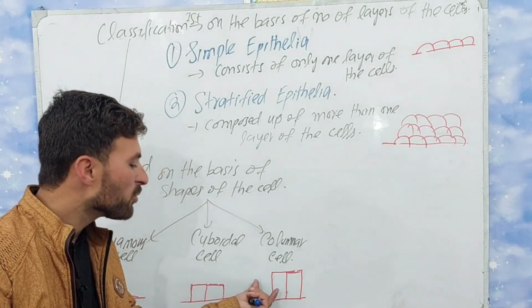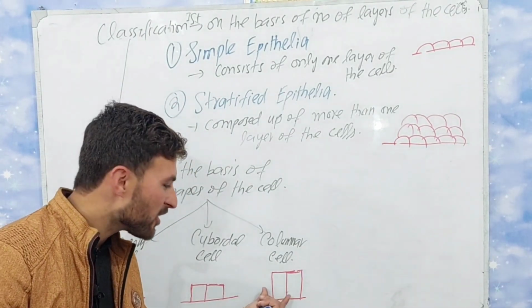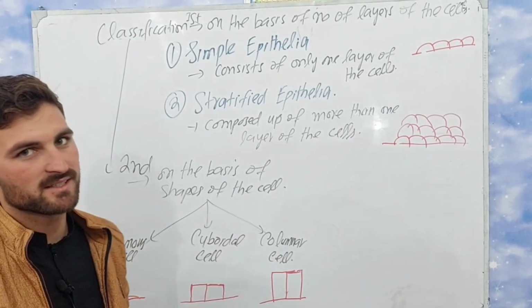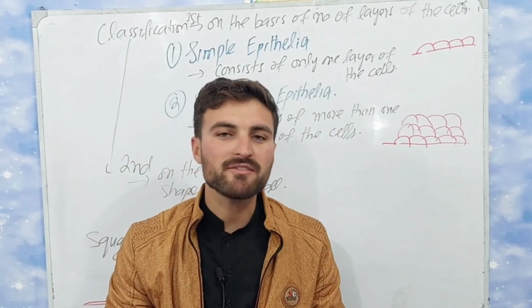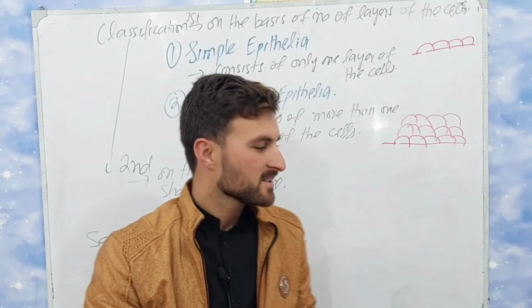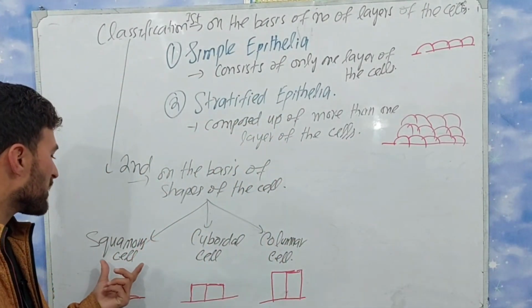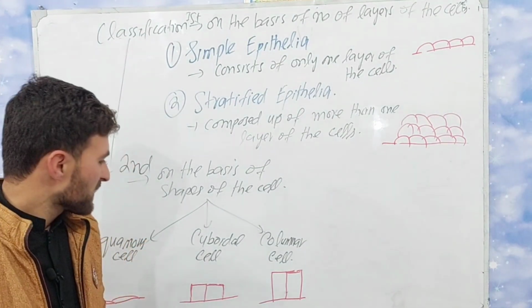They will have more height than width. So if you find such a cell, that will be a columnar cell. I hope you have understood the types of cells on the basis of shape.